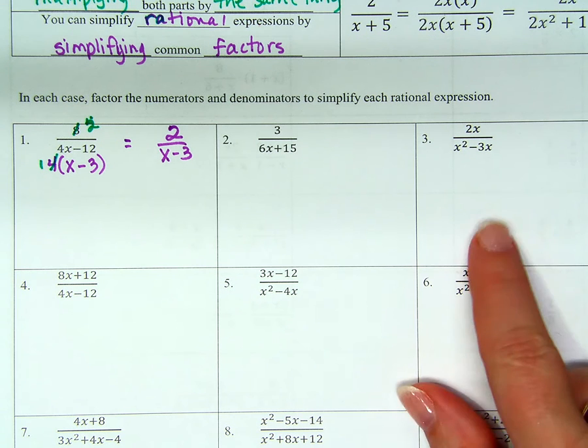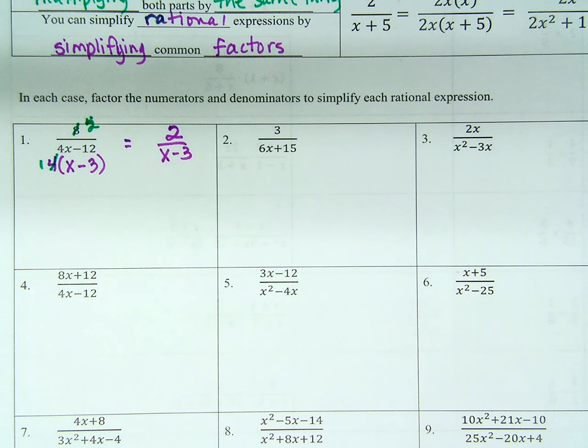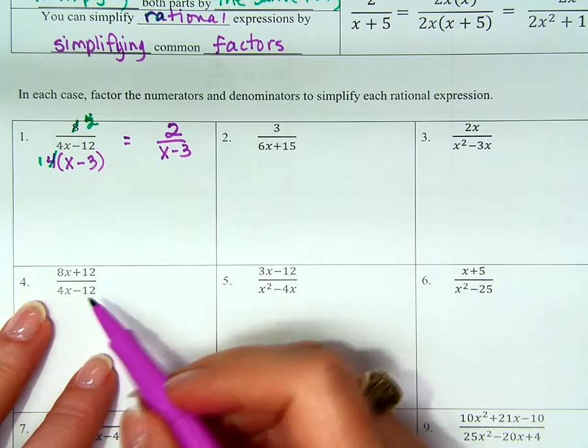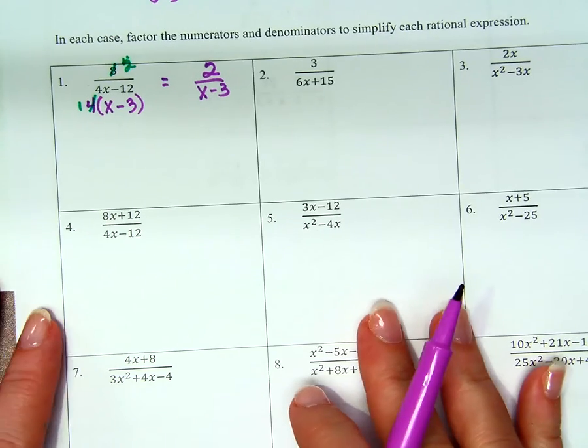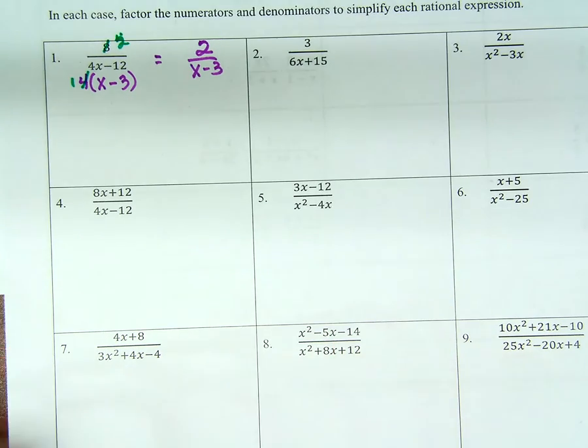What about a problem like number, let's see, how about number 4? Can I just cross out the 12s? That would be nice. Why? Why can't I do that?